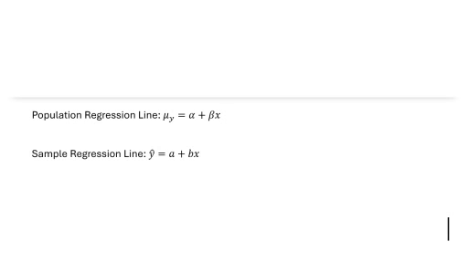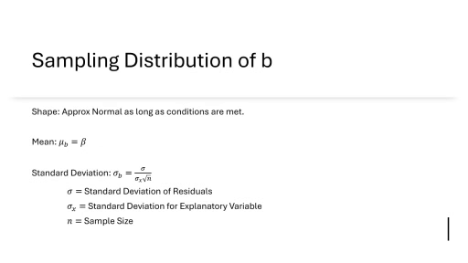But since we can't get population data because trying to gather every single piece of information is very hard to do, we take our samples, which is where our y hat equals a plus bx comes into play. And that's usually the regression that we are dealing with here. Okay, so we're usually dealing with these sample regressions, and that b value is what we're looking at and seeing the range, not the y-intercept, not the a value.